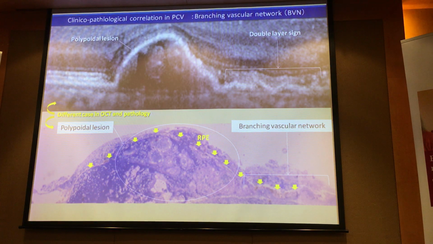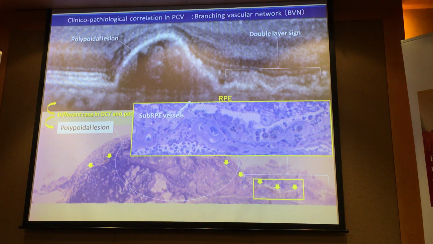And for the branching vascular network, the OCT finding is the double layer sign. In this specimen, we can see a branching vascular network on the right side. This is the tissue of the branching vascular network. You can see the RPE, and there are blood vessels just beneath the RPE.